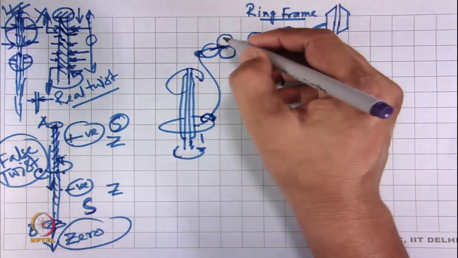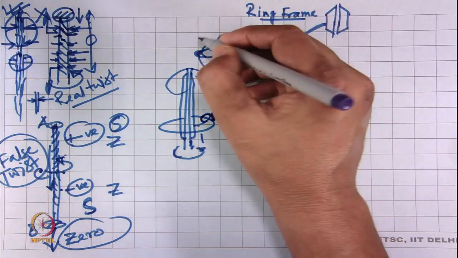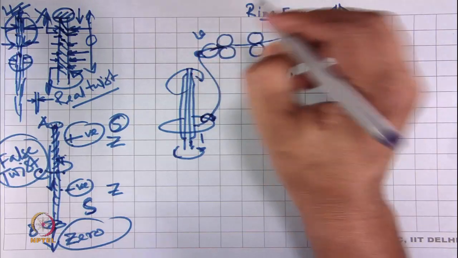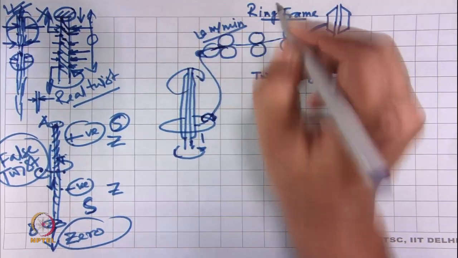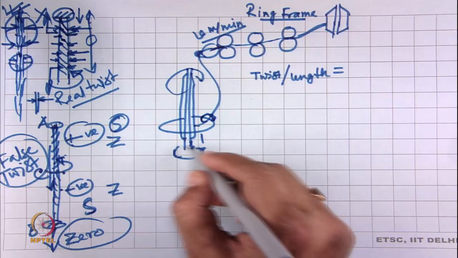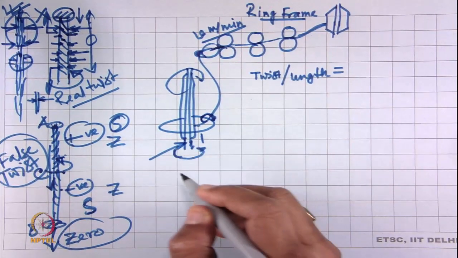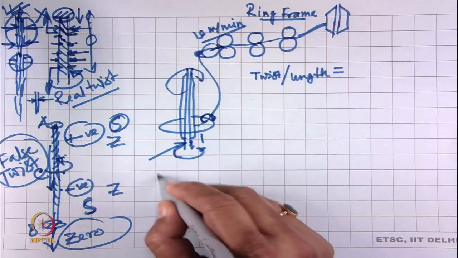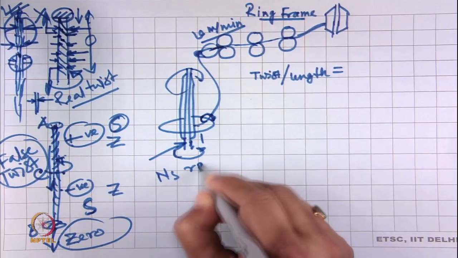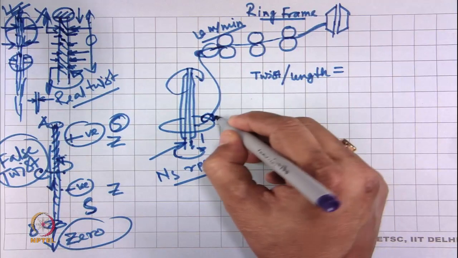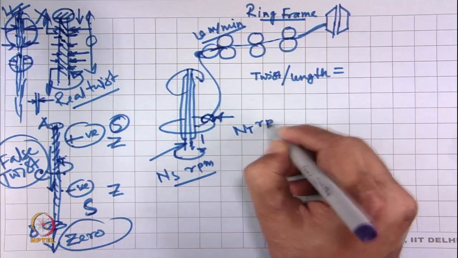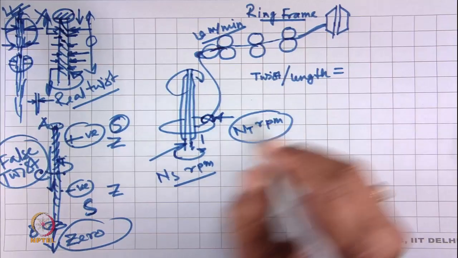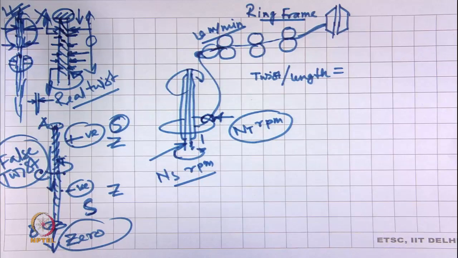It is expressed in terms of the delivery rate, say V meter per minute, and the rotation of the spindle, say n_s rpm, and the traveler rotating at say n_t rpm. So, one rotation of the traveler imparts one twist in the yarn.